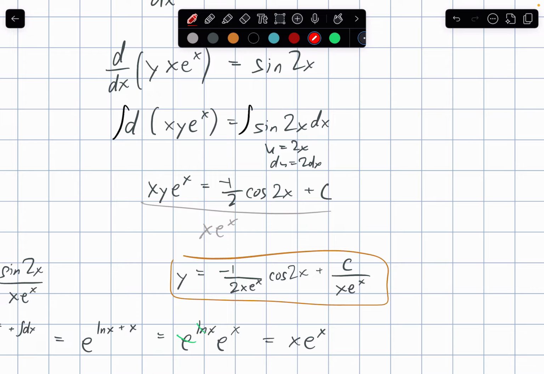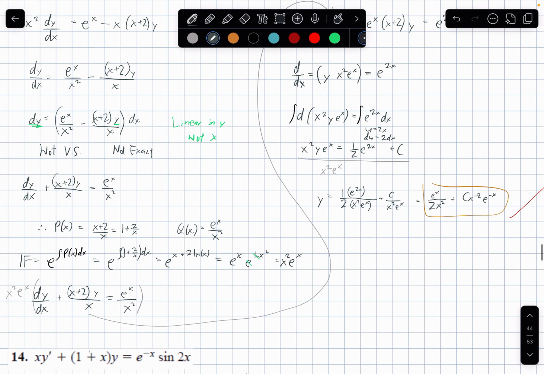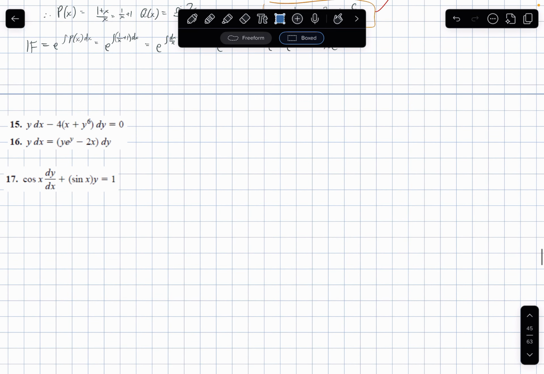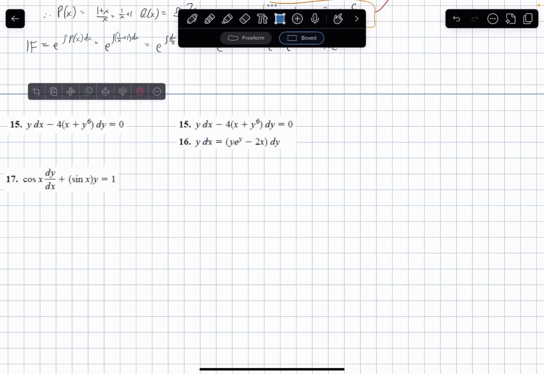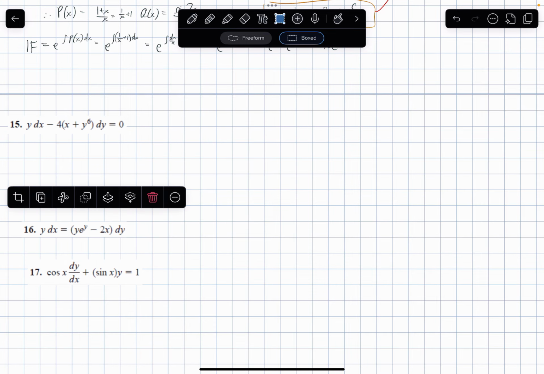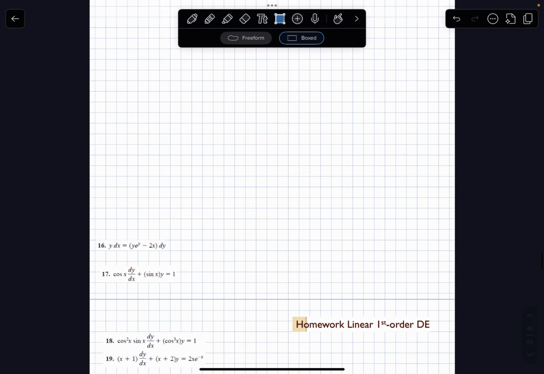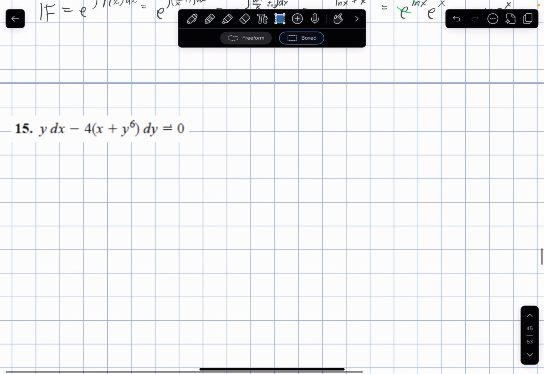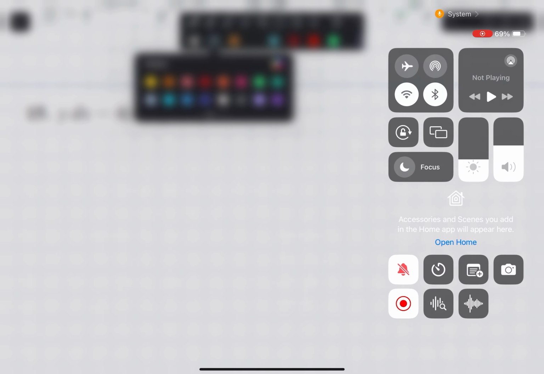Negative cosine 2x, over 2xy raised to... Okay, yeah, this is correct. Nice. So that's basically how you solve linear first order DEs. Let's just continue. I'll just keep answering. I'll stay muted.